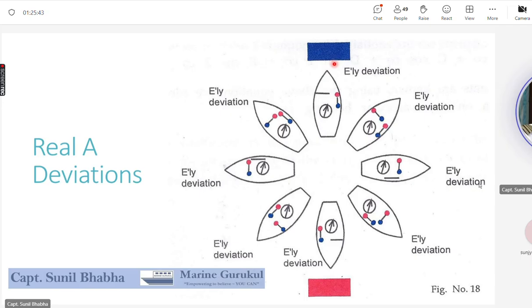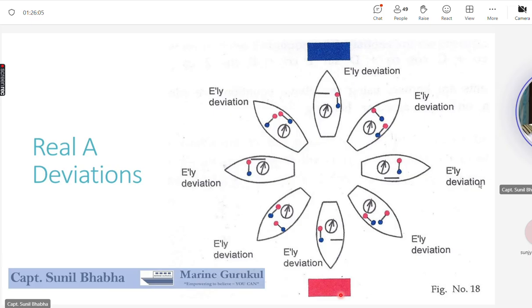This represents the north magnetic pole of the Earth. We are aware that the north magnetic pole of the Earth has blue polarity. And you see this red color rectangle at the bottom. This represents the south magnetic pole of the Earth, and we are aware the south magnetic pole has a red polarity.